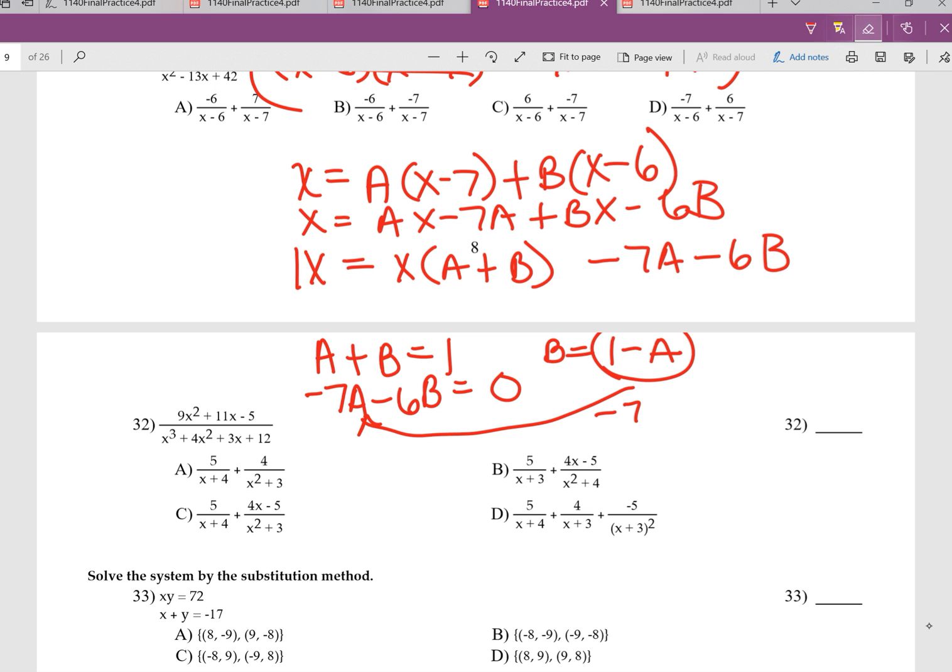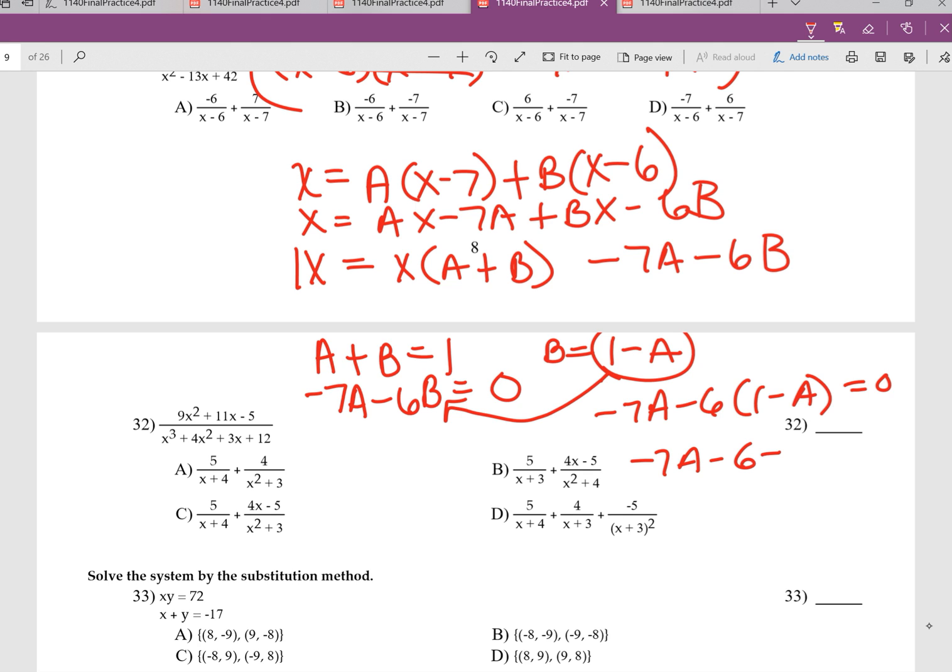Erase that part there. I misspoke. Alright, so you're plugging this in for b there. So you have negative 7a minus 6 times 1 minus a, and that should equal 0. So negative 7a minus 6 plus 6a should equal 0. If I add the two a terms together, I get negative a minus 6 is equal to 0. So therefore a is equal to, looks like 6.